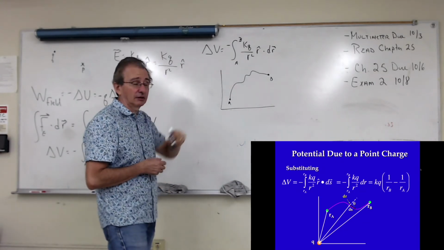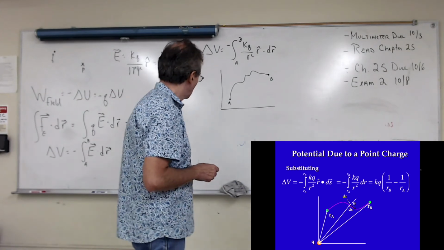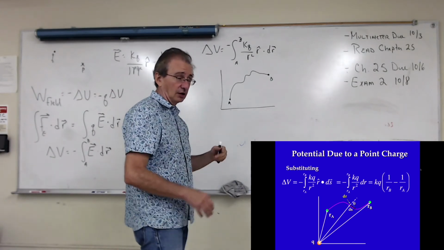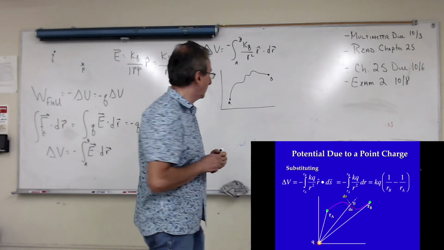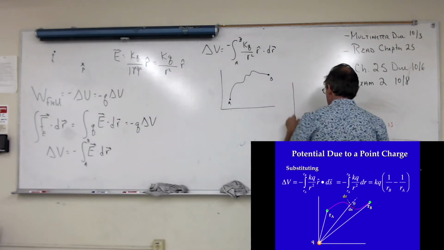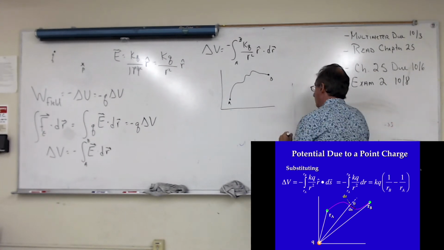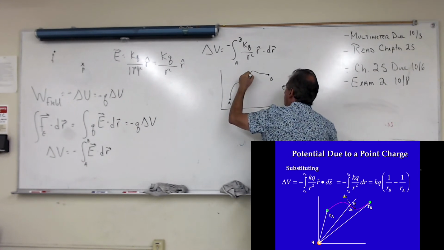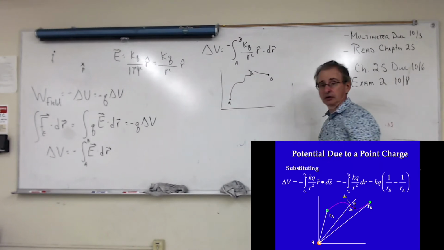My path has 2 components, one along a radial direction and one tangent to it. So I can draw my path in terms of one along a radial direction and one perpendicular to it.